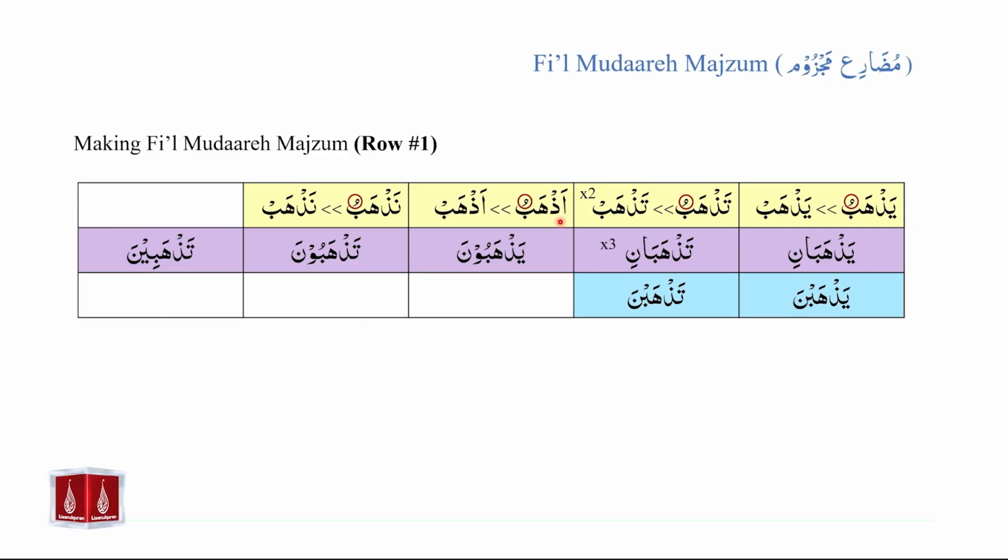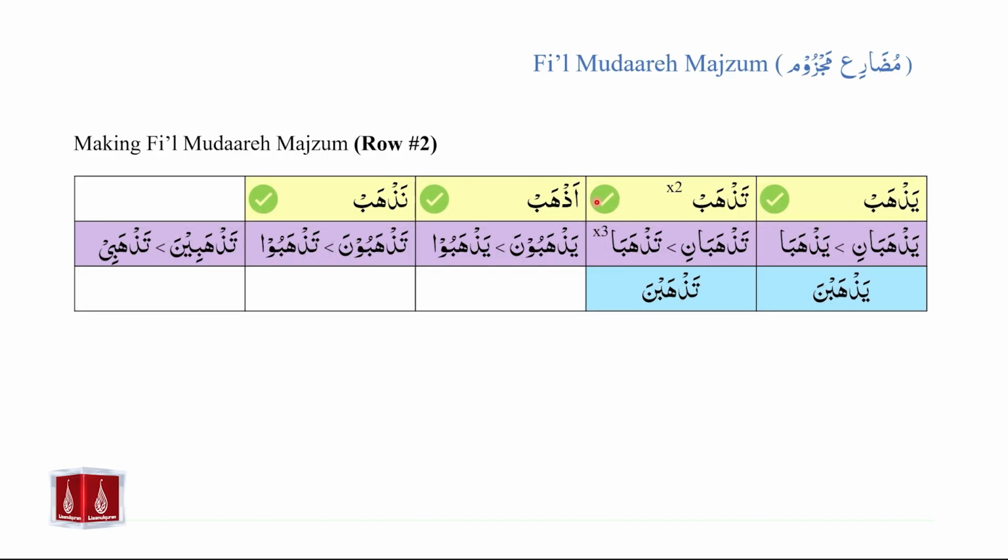Azhabu is marfu, azhaba is mansoob, and azhab is majzoom. Nazhabu is marfu, nazhaba is mansoob, and nazhab is majzoom. At this point, we have completed conversion of row number 1 from mudare marfu to mudare majzoom. And our results are yazhab, tazhab, azhab, and nazhab.